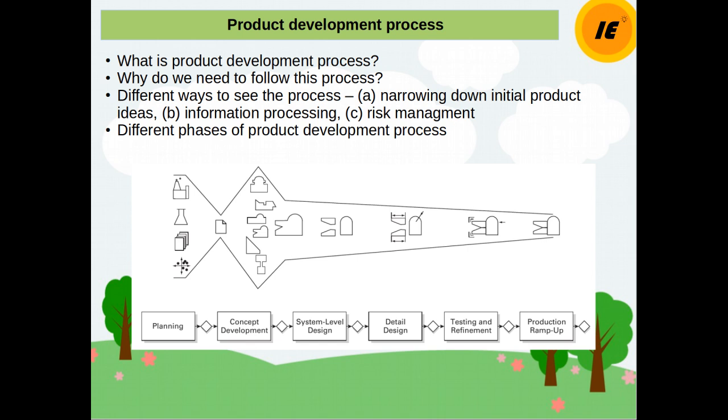More importantly, in a sense the product development process is like narrowing down into something which will be a successful, marketable product. You can see in the figure also, it's like focusing onto something which has a good potential to be successful.